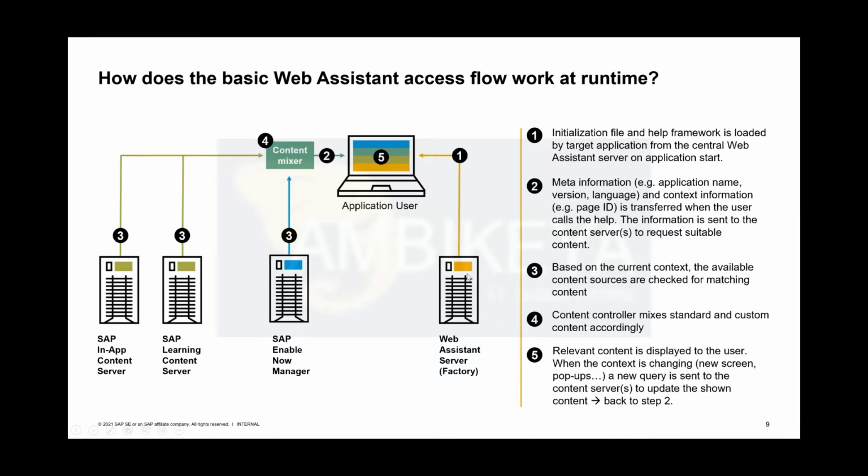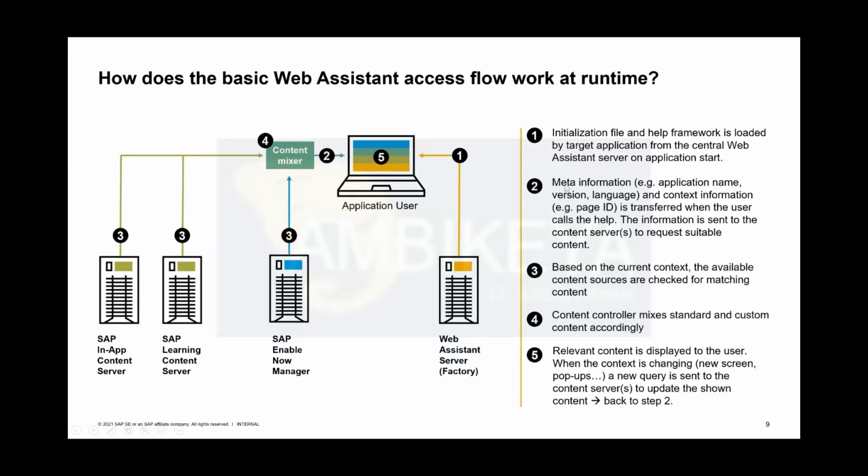The initialization triggers the download of the WebAssistant framework release from a central location. That central location, again, might be, since now, even an on-premise location, if we host the WebAssistant server on-premise, but in 90% of all the cases, it's a remote source, which is our factory server.